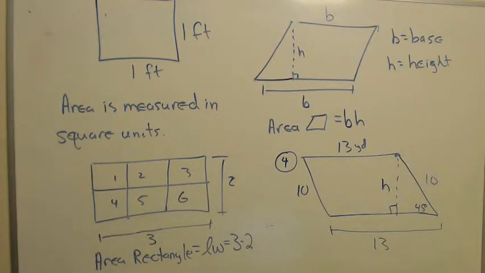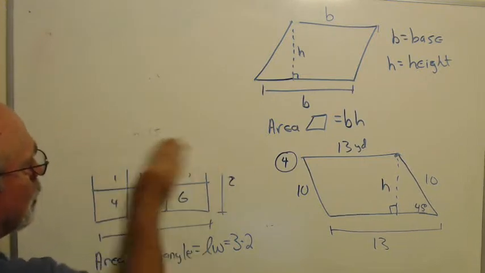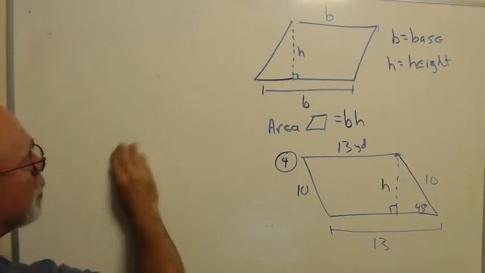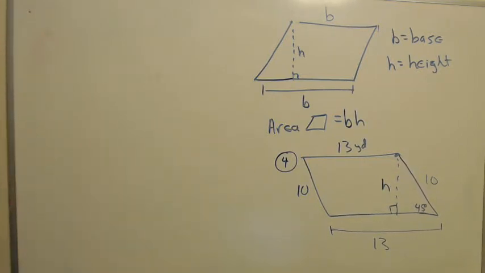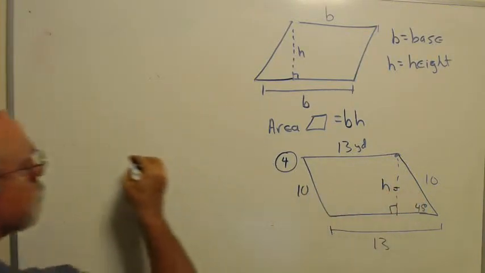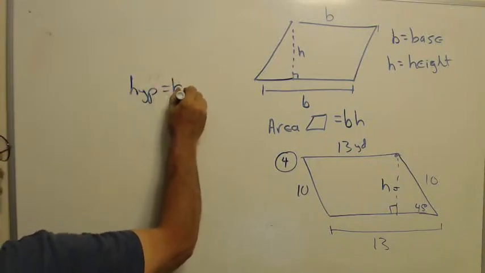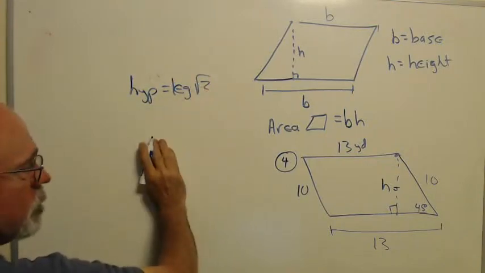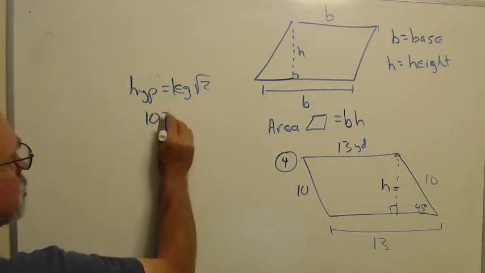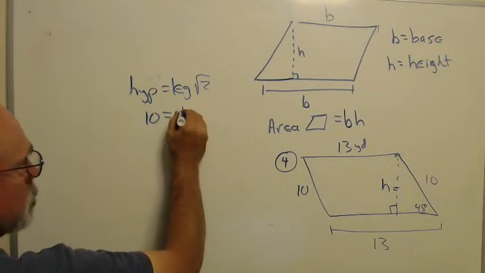Well, in this particular section, they make it maybe harder than it needs to be to get started, in that they make you go back and work the Pythagorean theorem or 30, 60, 90 or 45, 45, 90 rules. If I use the rule of 45, 45, 90s, the hypotenuse is leg root 2, so 10 is equal to h root 2.